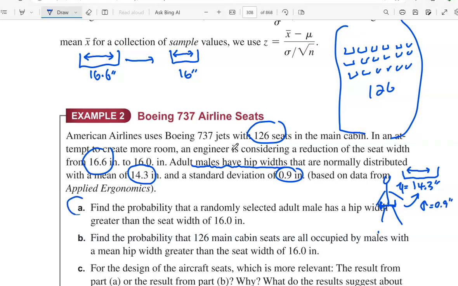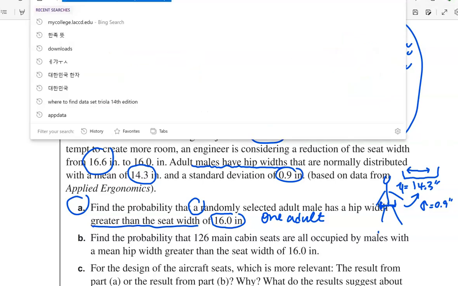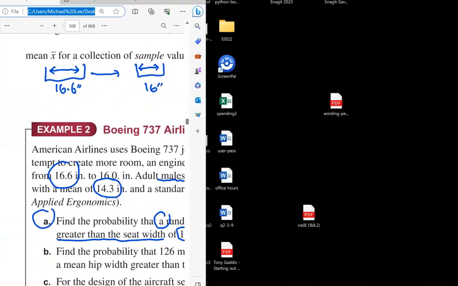Now part A. Find the probability that a randomly selected adult, so one person, has a hip size greater than 16 inches. When I pick this person on the street, what is the probability? Forget the airplane.